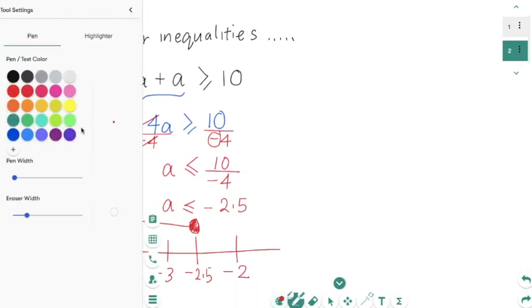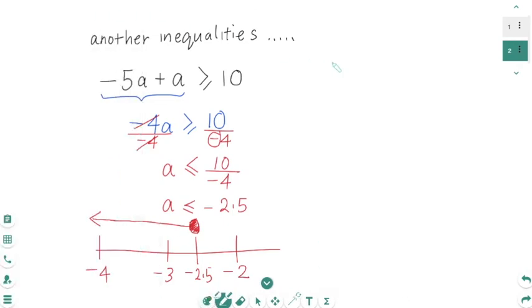Now the question that I get would be, why do we have to change the sign from here to here? Let's take a numerical example. 2 is less than 10, that we agree, correct? On the number line, 2 is less than 10.